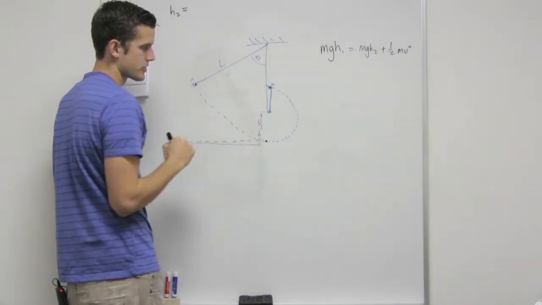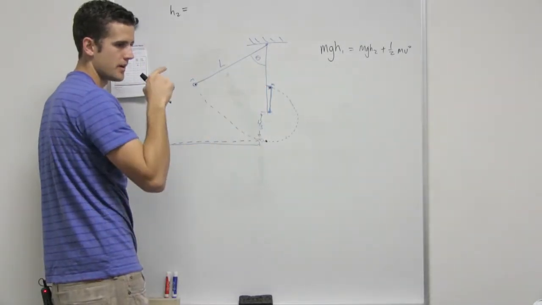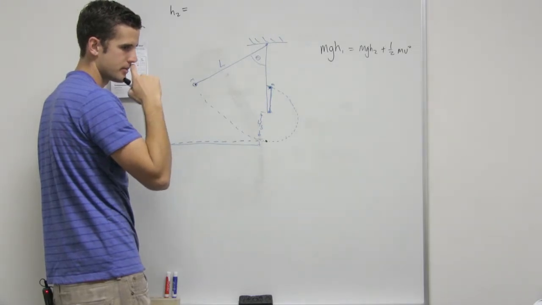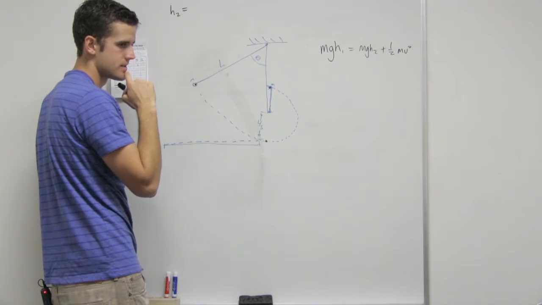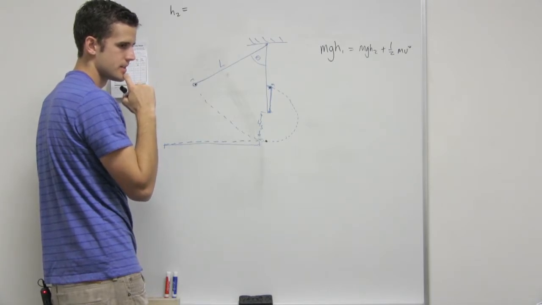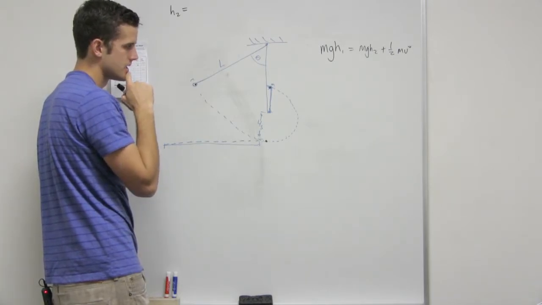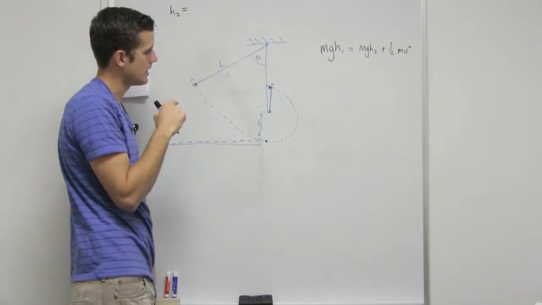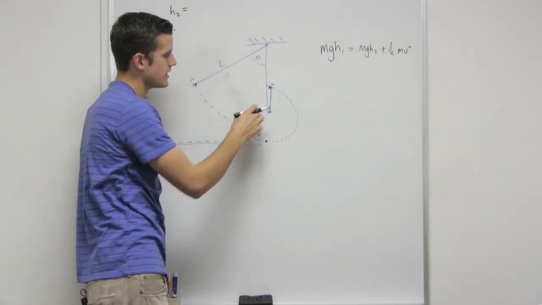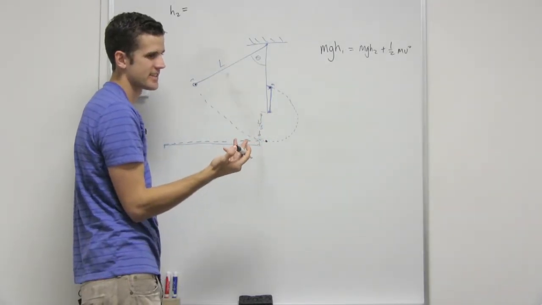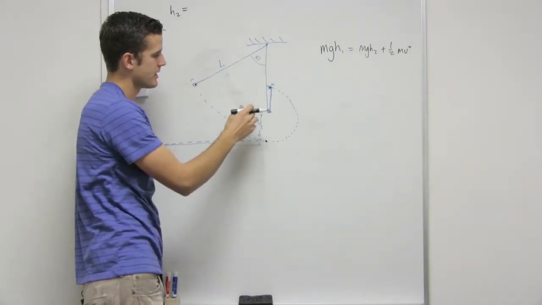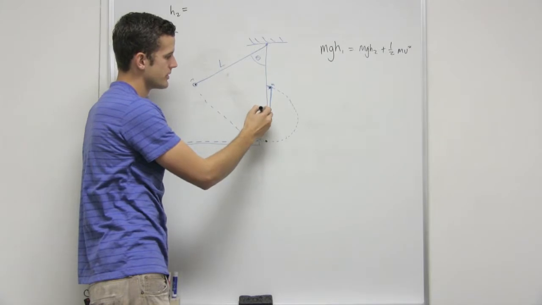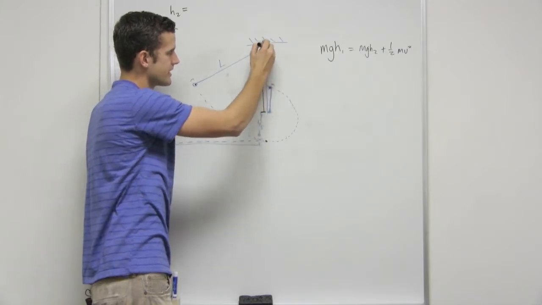How high is it to the actual mass as it swings around the top? L minus L over 3. That would be this. It actually is that, but if this was something different, it wouldn't work out that way. So that would give you this length of the string here.